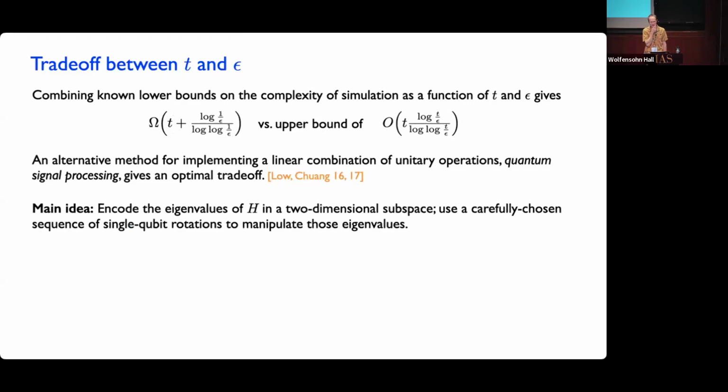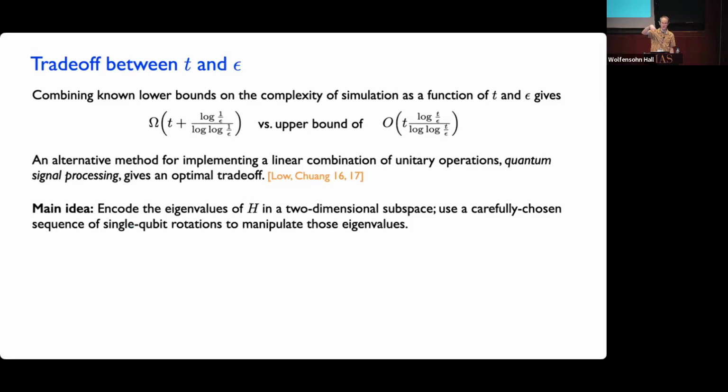The main idea of this approach is actually not to divide up the evolution into a bunch of small segments, but really to try to go all the way to the end in one step. And the way that it's going to do that is it's going to encode the eigenvalues of the Hamiltonian into some two-dimensional subspace. So we're going to work separately on each of the eigenspaces of the Hamiltonian.